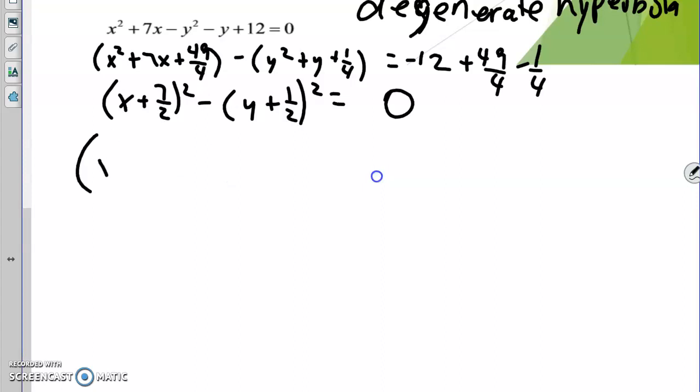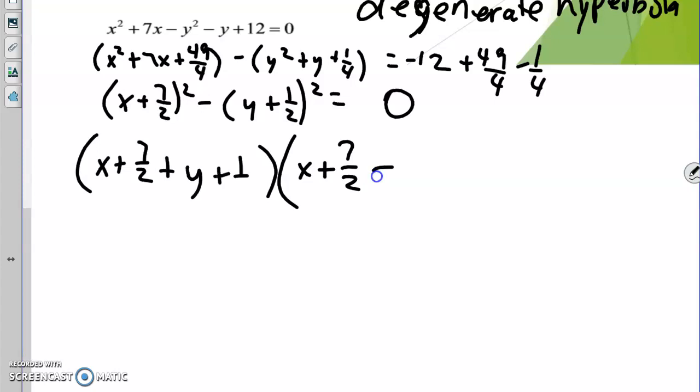I'm just going to say, hey, this is x plus 7/2, x plus 7/2. And then one's going to be plus, one's going to be minus, and then I'm going to say y plus 1/2, y plus 1/2 equals 0, because it's a quadratic difference of squares.